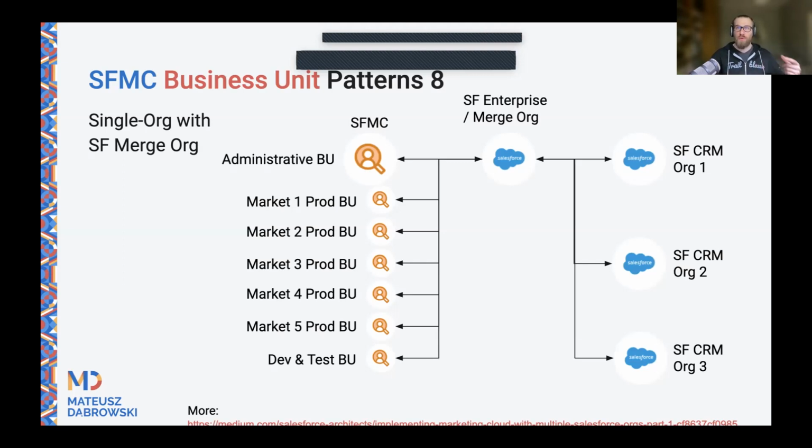So you should think about how you configure the business units, already thinking about how it will impact your single org versus multi-org configuration, to make sure that you do not go overboard and create a problem for your perfect architecture of Marketing Cloud.